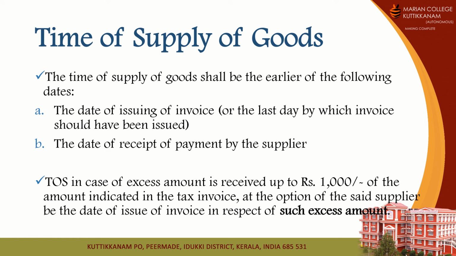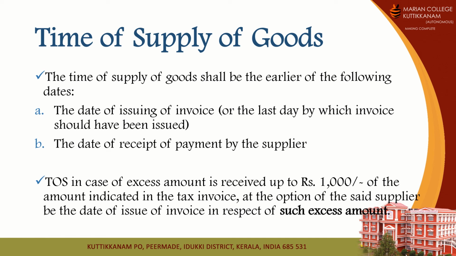But at the time when the supplier receives payment, in some cases the supplier receives an amount up to rupees 1,000 over the amount indicated in the tax invoice. That means the supplier receives an amount of rupees 99,000, or rupees 1 lakh 99,100, or rupees 1 lakh. Say it is rupees 1 lakh. At this point, how will we determine the time of supply? This is a very special case.